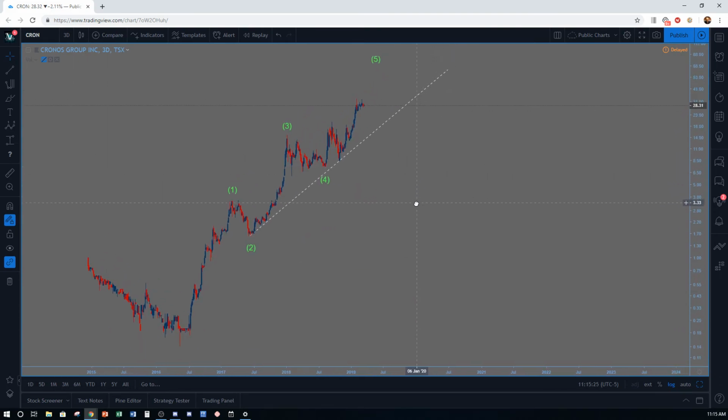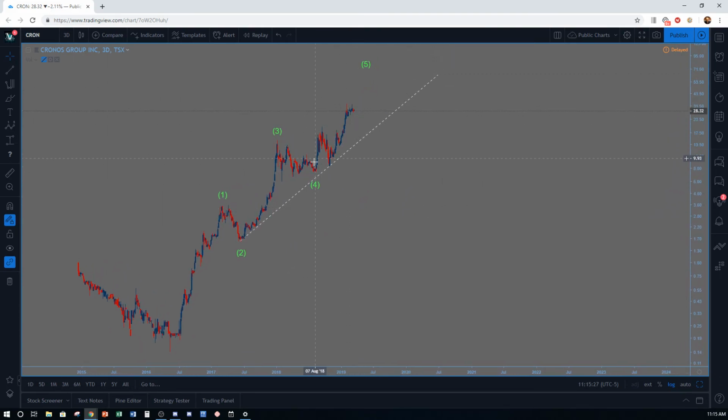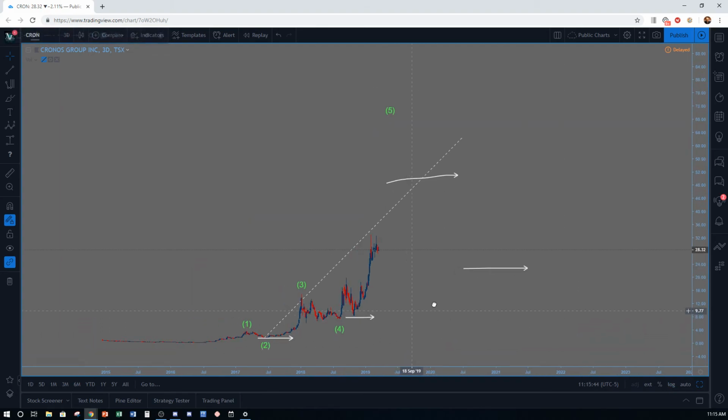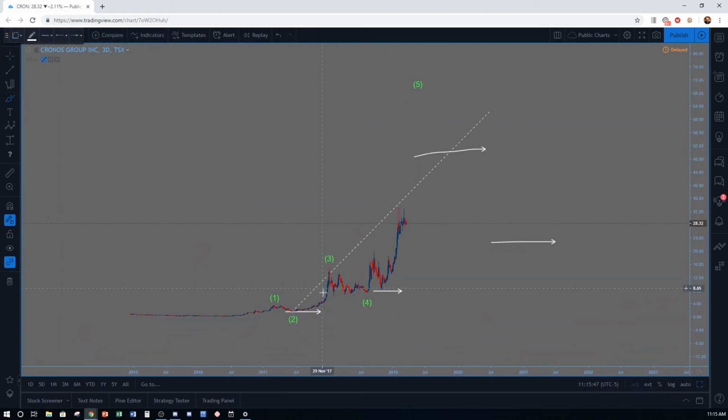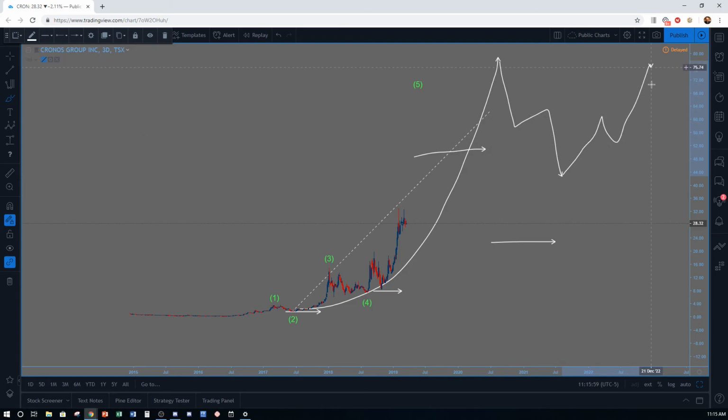I would not suggest shorting this at any time until you see a break in market structure, which would be a lower low and/or a break of the uptrend. This thing could continue like this. As soon as we break the structure, expect the bear market to last for a long time.